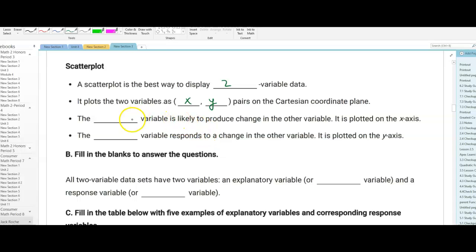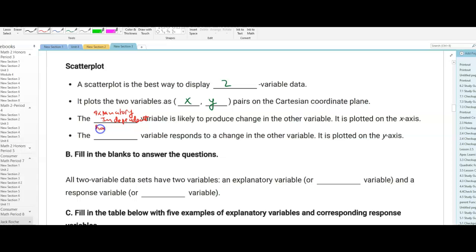Now, what we say, so we say the explanatory, right? And to be honest, I don't really like that. I like to say the independent, because that'll be used in science more, variable is likely to produce change in the other variable. This is plotted on the x-axis, right?